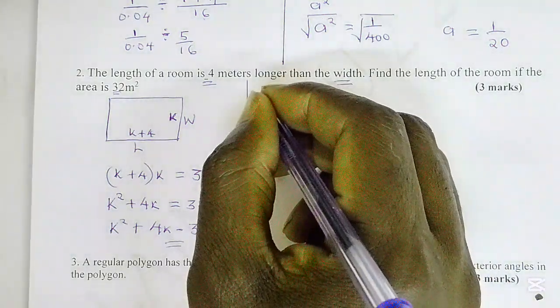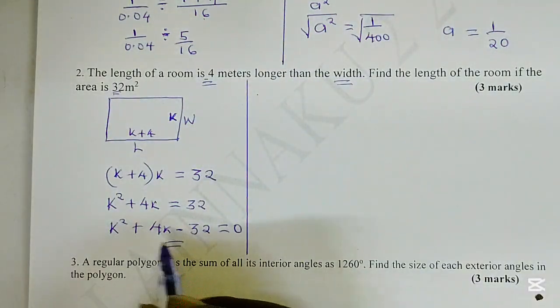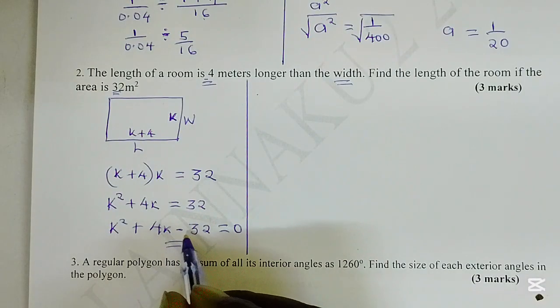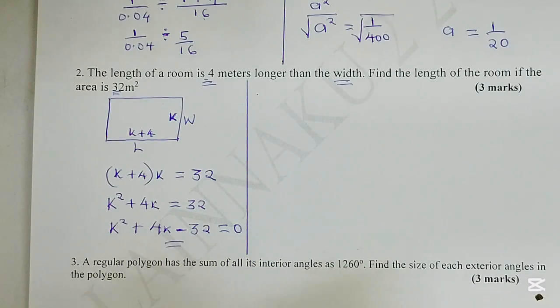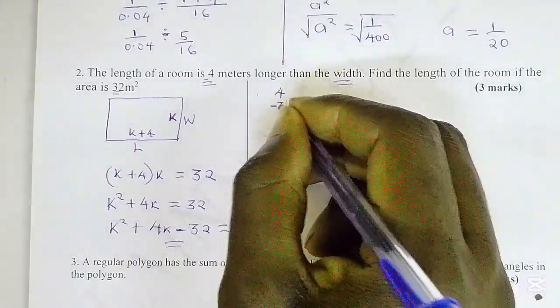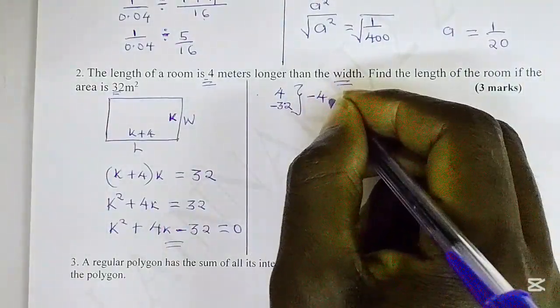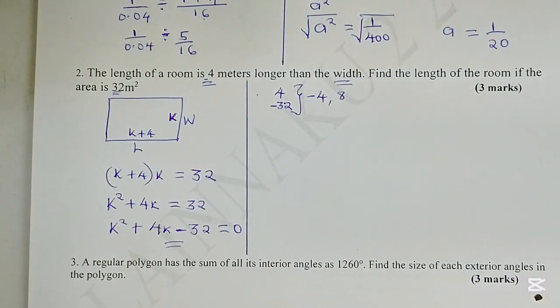So it means we are going to look for two numbers that if you add, you get 4, and if you multiply, you get negative 32. Now these numbers are negative 4 and 8.